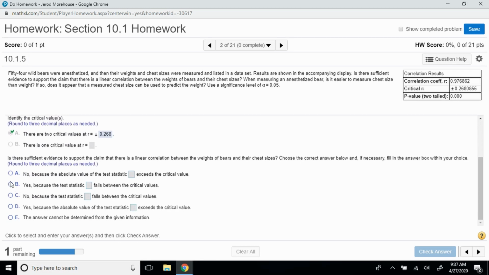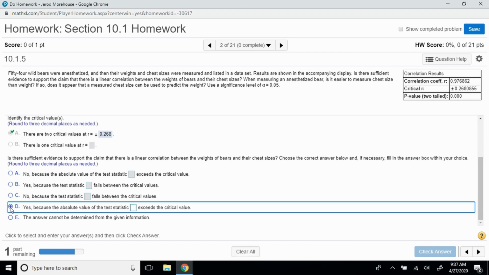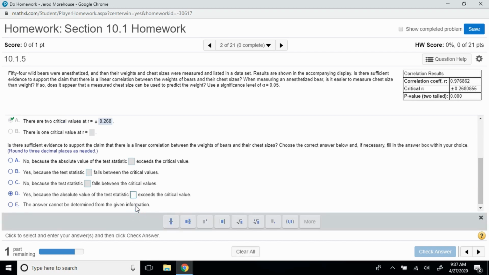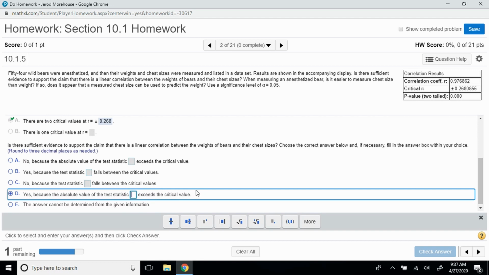So we're going to say yes, because the test statistic falls between the critical values, or yes, because the absolute value of the test statistic exceeds the critical values. We're going to go with D here and say the test statistic, which is our correlation coefficient, 0.977, exceeds the critical values.